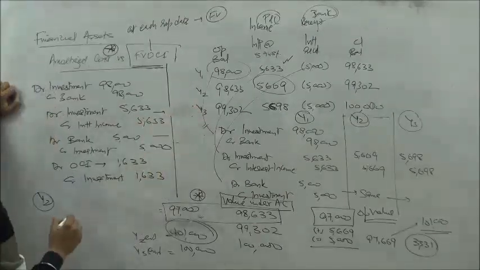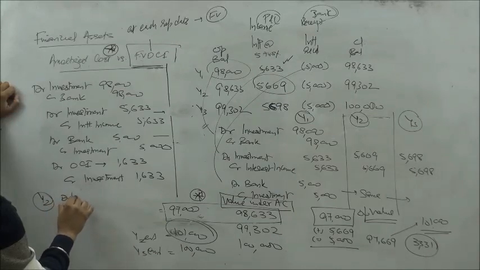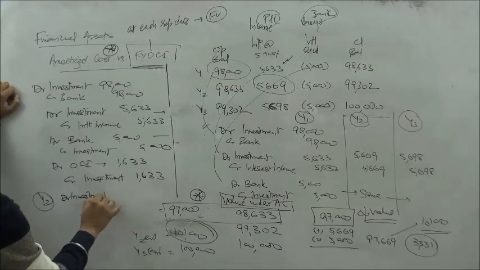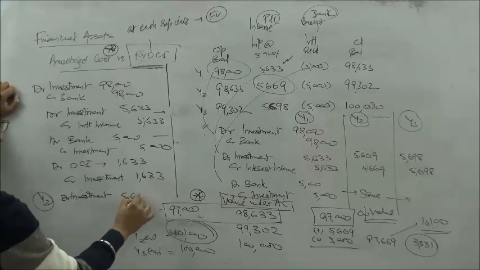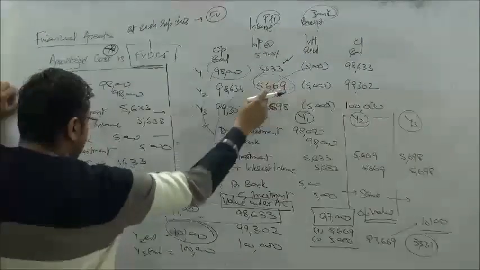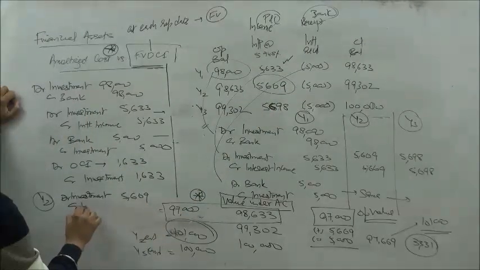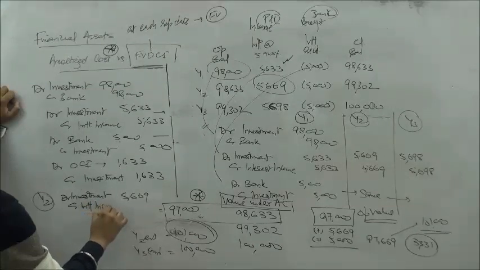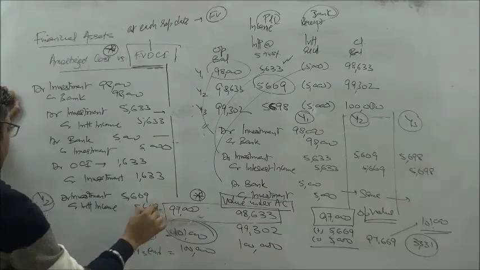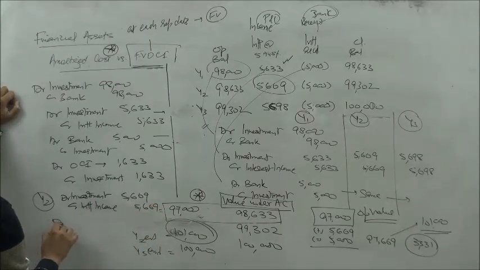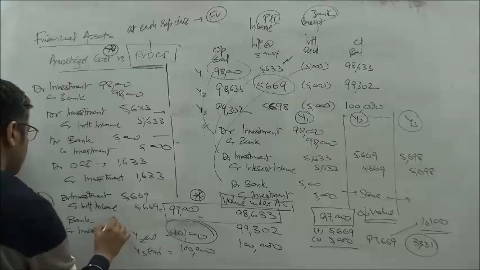In my year 2, I debit investment 5669, which is this value, of course, and credit interest income 5669. Then I debit bank, recovery of your investment, which is 5,000.